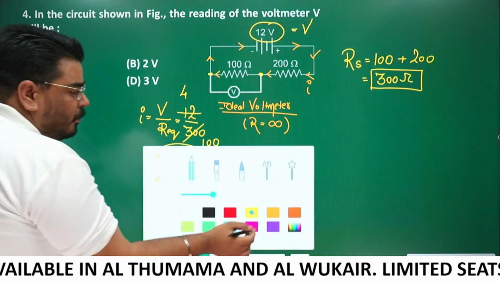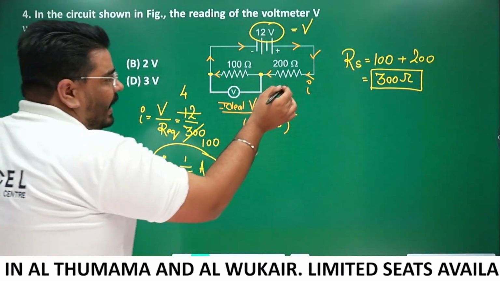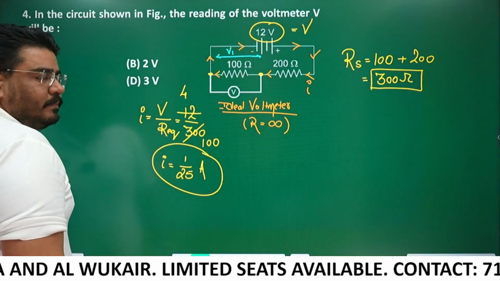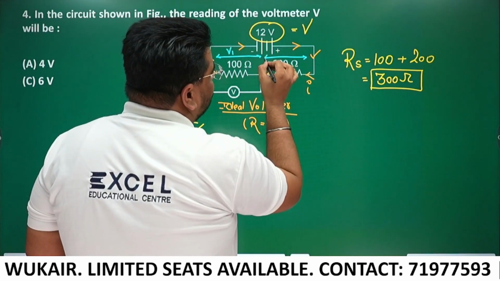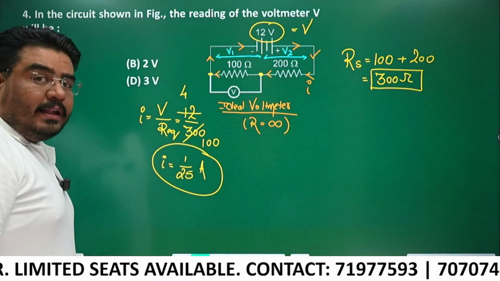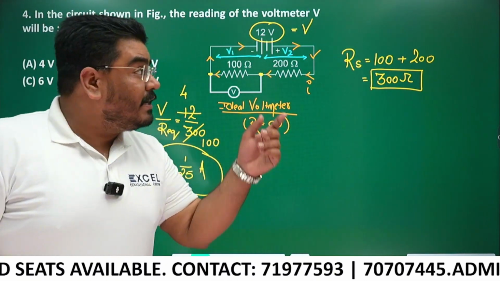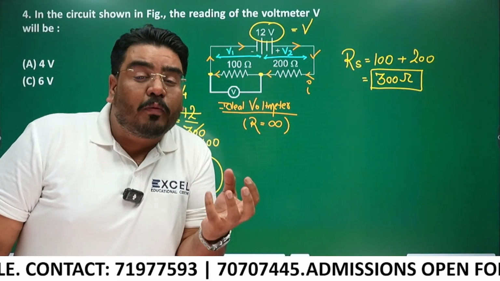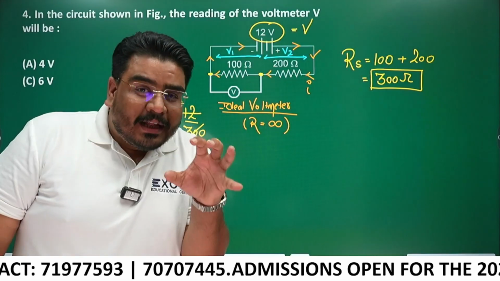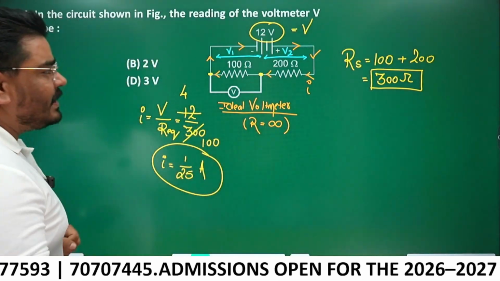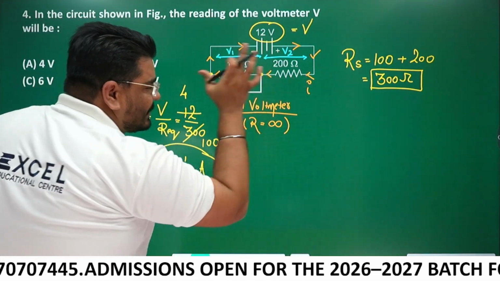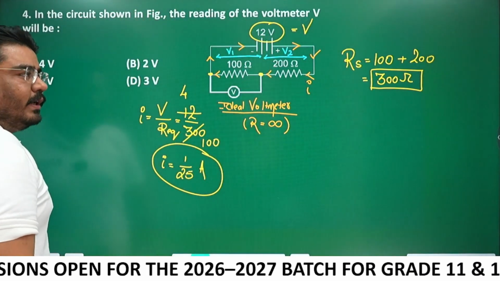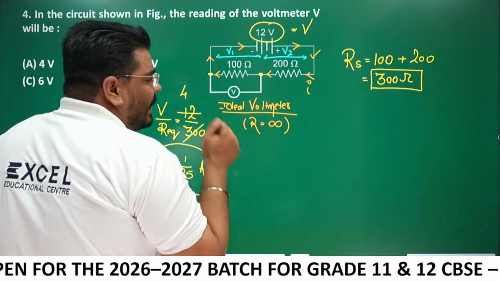My friend, if the current is I, the voltage across this, say V1, and across this V2. An interesting fact: V1 plus V2 should always be equal to the voltage of the battery, because who is the source of energy? The battery. So the voltage drop across this and this, the sum of both should be equal to 12 volt.